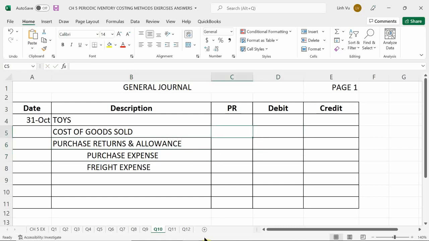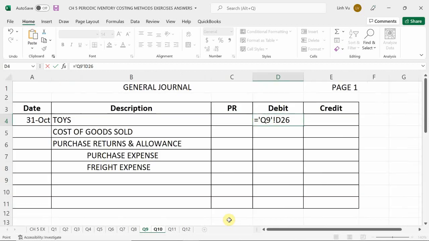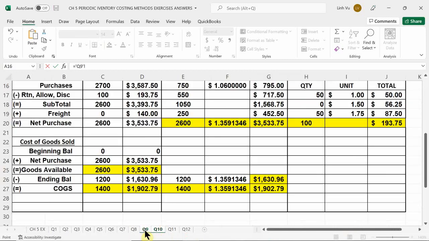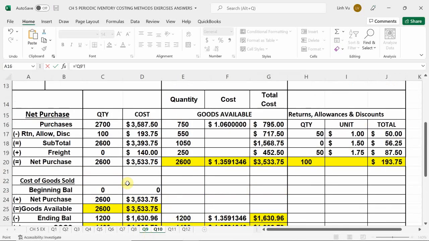Okay. So let's go ahead and figure out what my ending balance was. Okay, so my ending balance was 1630. Okay. Cost of goods sold. Go ahead. 1902.79. My total returns and allowances. $193.75.